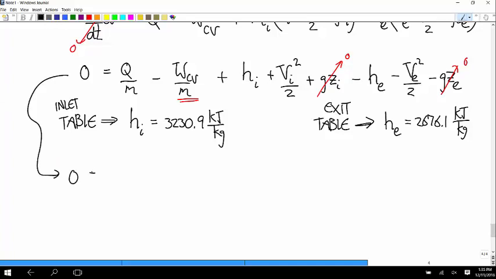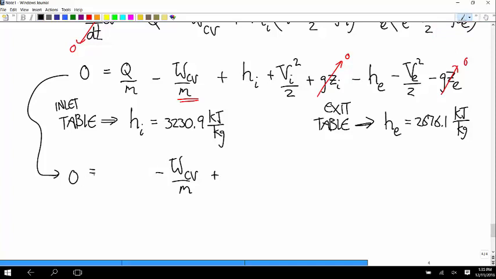So 0 is equal to Q over M, which was one of the things that was given, that's negative 22.6, minus the work over M, plus, now we have to be careful. We have the speed term in here now, which means it's going to be a lot easier for us to use SI units. And so I'm going to put everything in SI units for the equation.